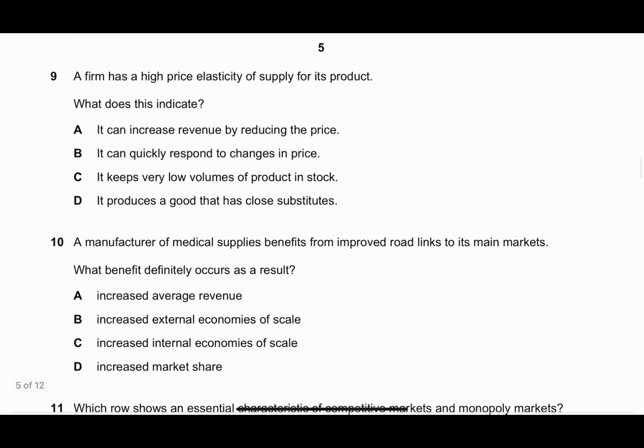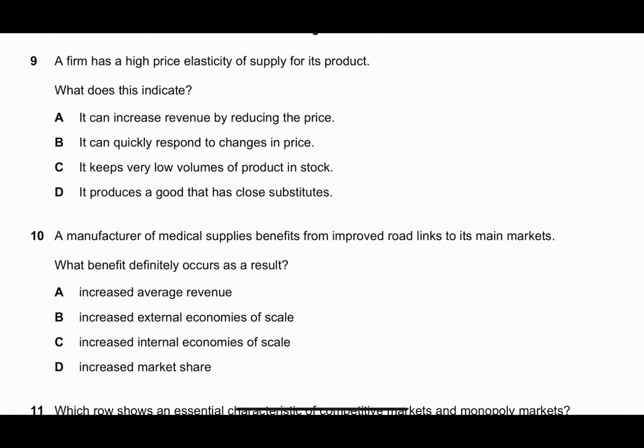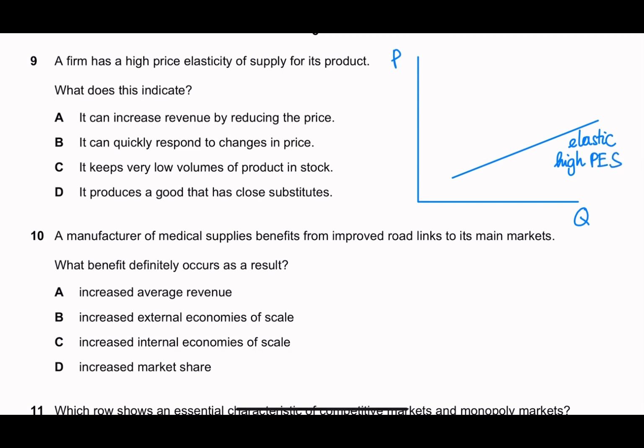Question 9. A firm has a high price elasticity of supply for its product. What does this indicate? So recall the graph of the supply curve. If a supply curve is less steep, that means it's elastic. And then we have the x-axis as quantity and the y-axis as price. So this means it has high price elasticity of supply, and if the supply curve is very steep, that means it has low price elasticity of supply.